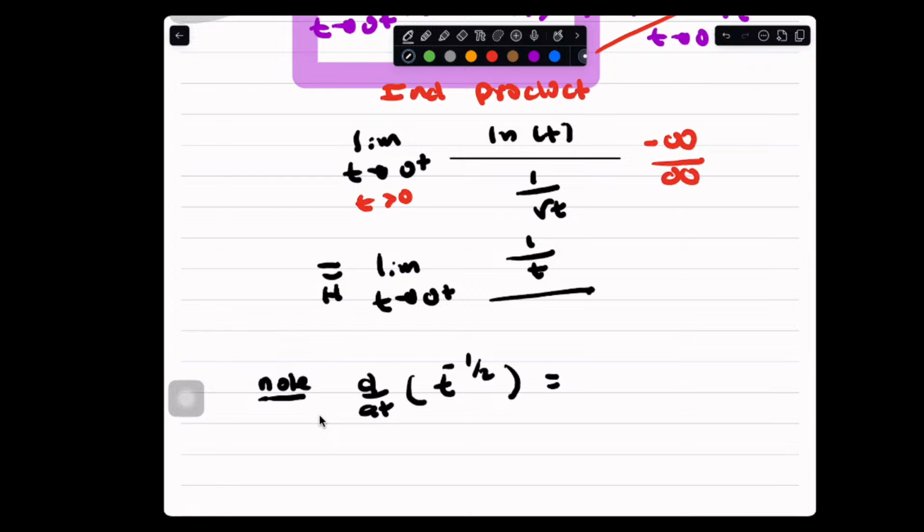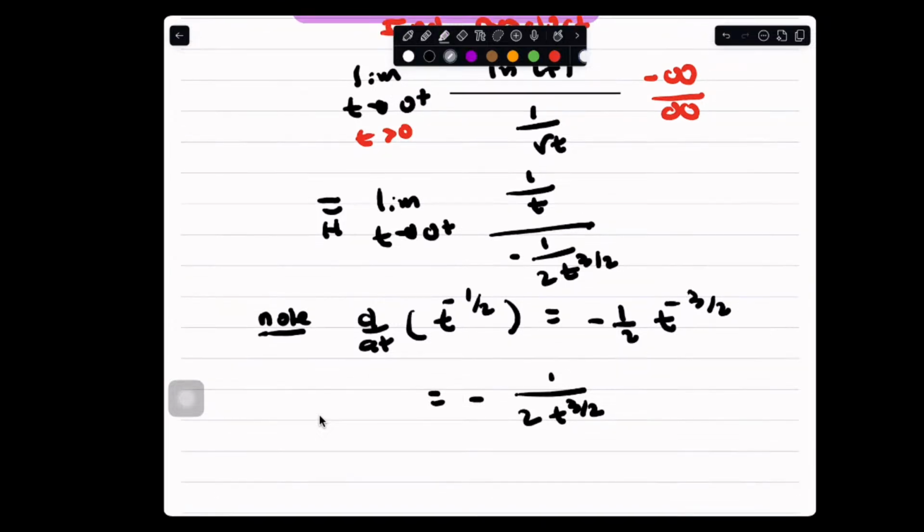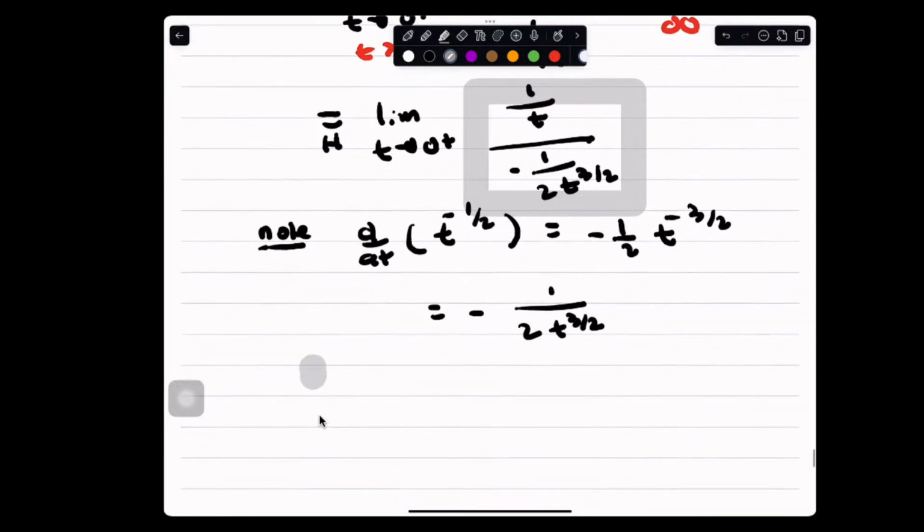Applying L'Hopital's rule, that's going to be negative 1/2 t to the minus 3/2, or negative 1 over 2t to the 3/2. So we're going to have some more algebra to do here, applying L'Hopital's rule.